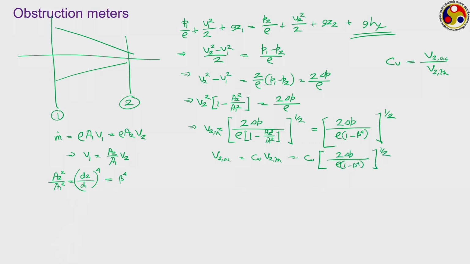But our interest is in flow rate. So, the theoretical flow rate Q dot will be equal to rho into V2 theoretical, and again to compare the theoretical and practical flow rates, we define a coefficient called CD, the coefficient of discharge, which is the ratio of Q dot actual by Q dot theoretical.